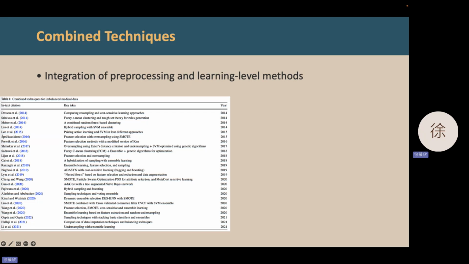So they try to combine different techniques, hoping they can complement each other and achieve better results. For example, some studies might first use SMOTE to increase the number of minority class samples, and then train a cost-sensitive support vector machine (SVM) model.